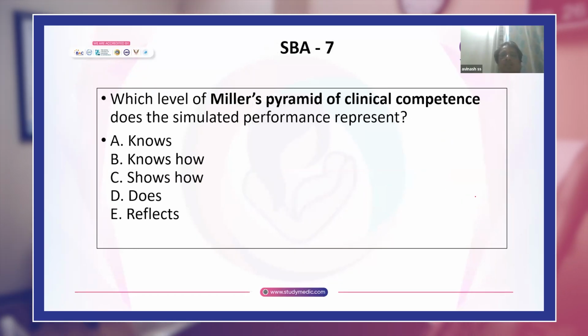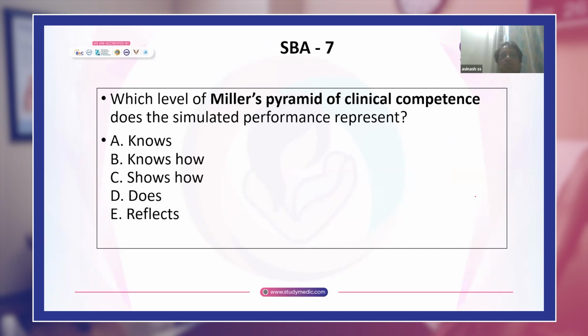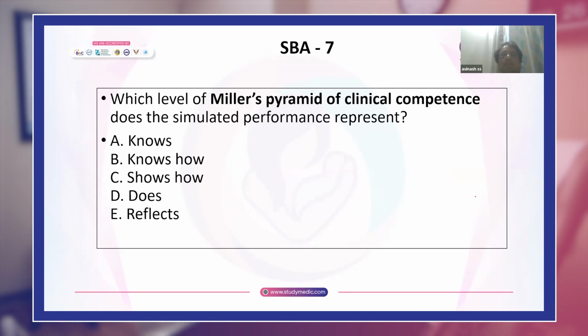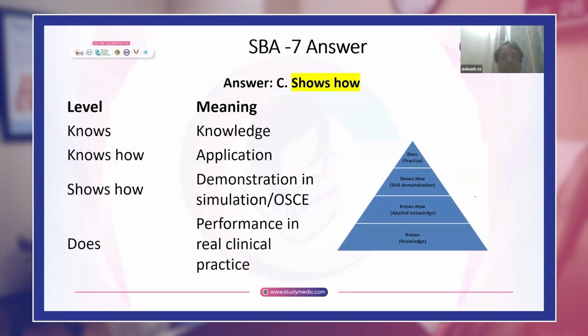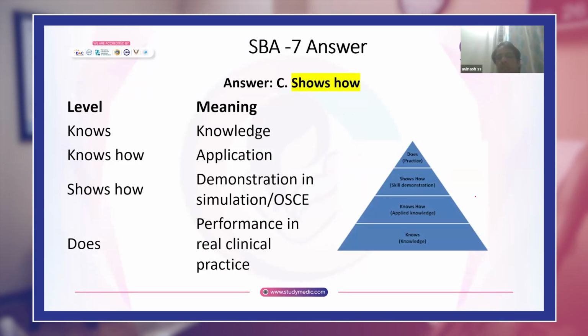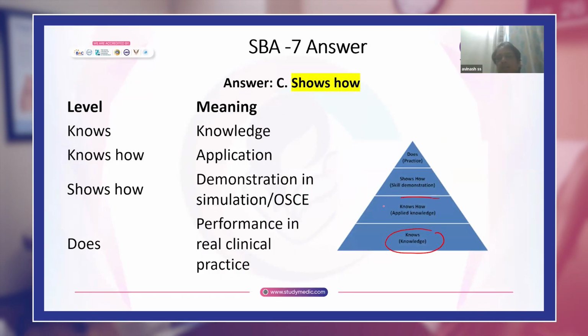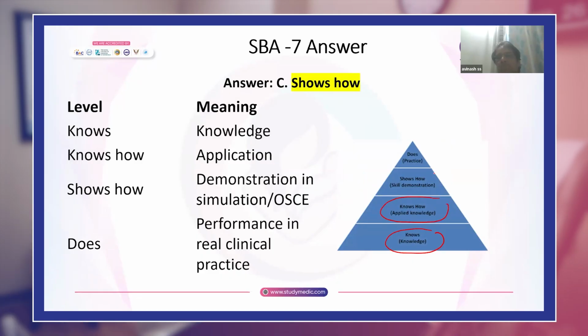Now, which level of Miller's pyramid of clinical competence does the simulated performance show? In the simulation skills lab, simulation guidelines will be set up to assess endotracheal intubation. Now, this actually shows how. You can see the lowest level in Miller's pyramid is checking the knowledge. Then comes application of the knowledge.